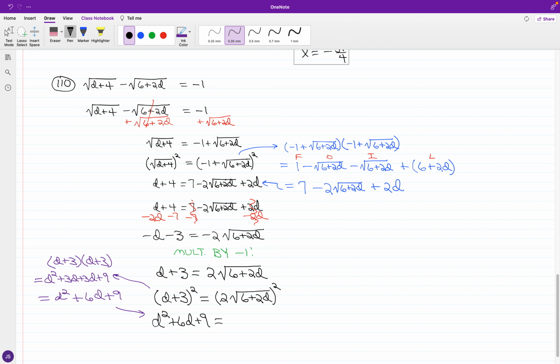For what I have to the right now, 2 squared is 4. The square root of 6 plus 2d squared is going to be 6 plus 2d.